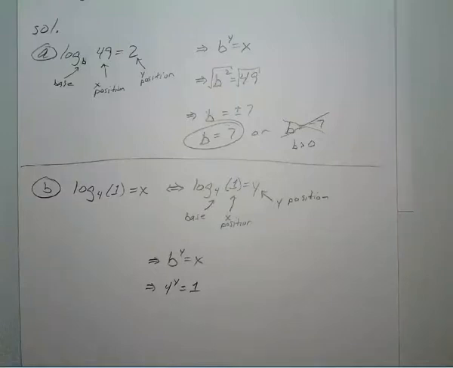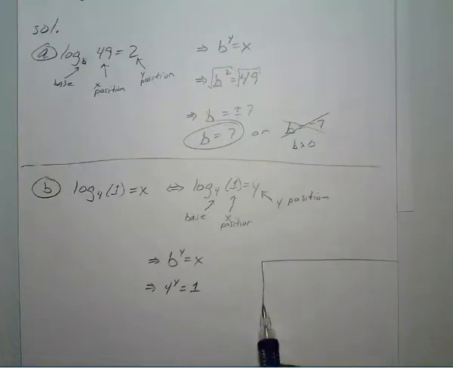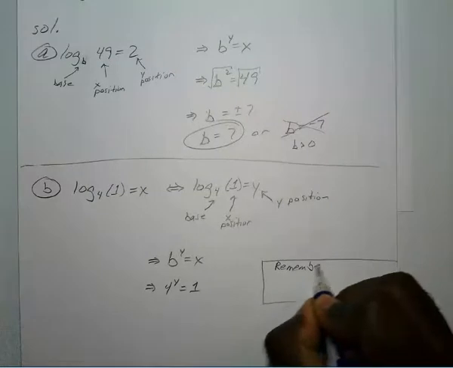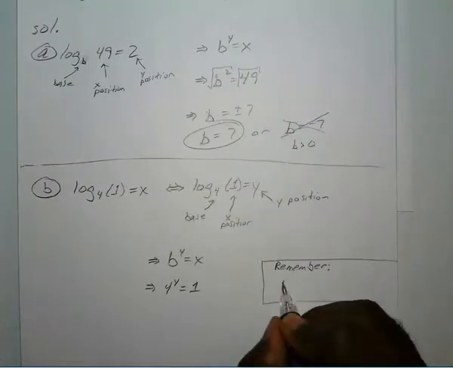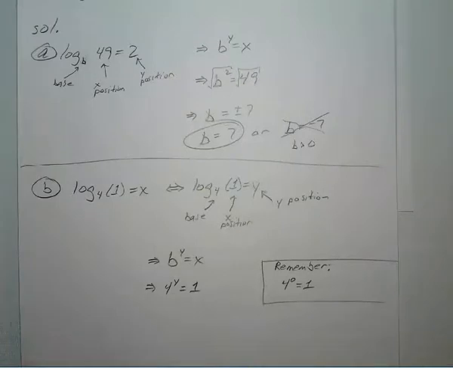Okay, now this one, you do have to remember something. And the thing you have to remember is four to the power of 0 equals 1. Anything to the 0 power equals 1. So that 1, you can rewrite as 4 to the power of y equals 4 to the power of 0.